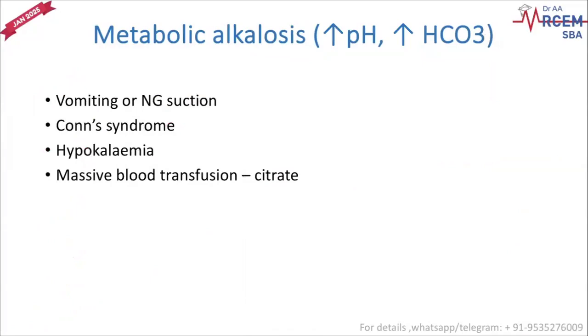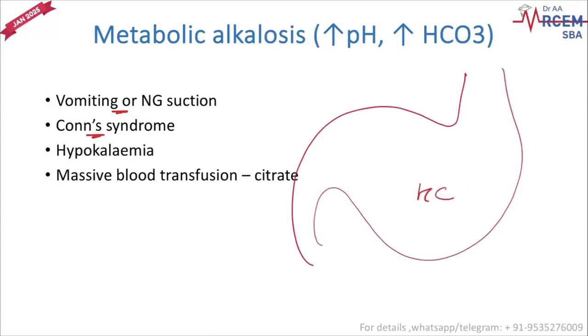Metabolic alkalosis. The opposite of Addison's disease is Conn's disease or Conn's syndrome, which can cause it. Your stomach most of the time has an acid, that is HCl. If you suction this HCl out, or this HCl is coming out because of vomiting, this can cause metabolic alkalosis.